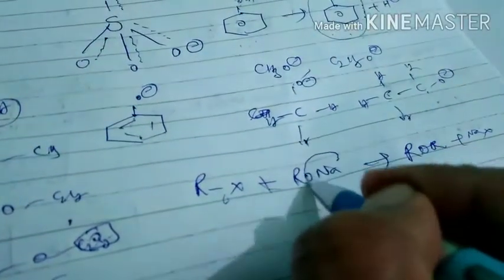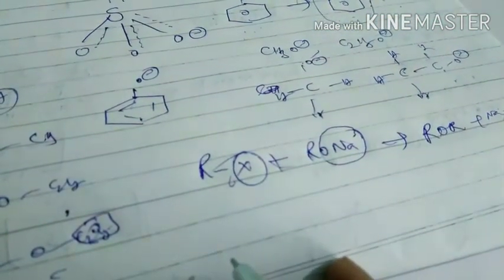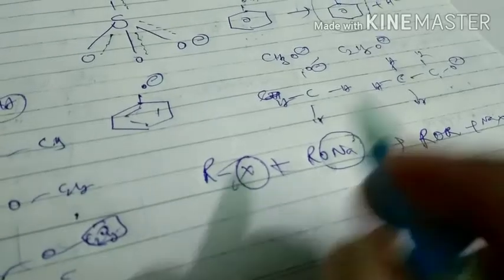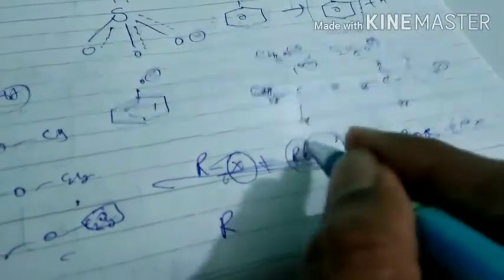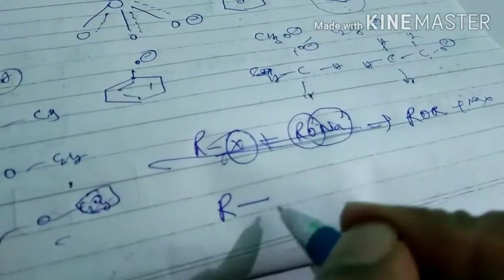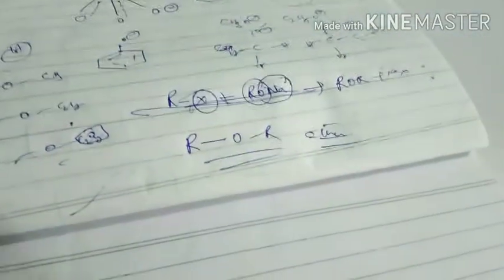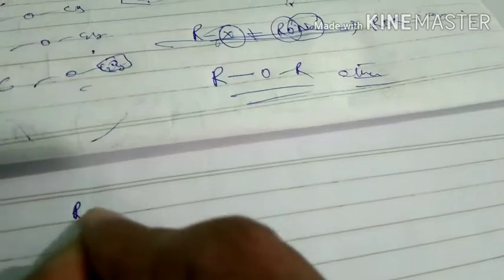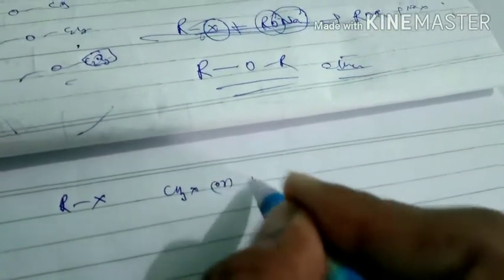This RO minus replaces X. Then ROR is formed. That is what? Ether. So what is the point here? That the alkyl halide should be methyl halide or primary alkyl halide, then only ethers are formed.